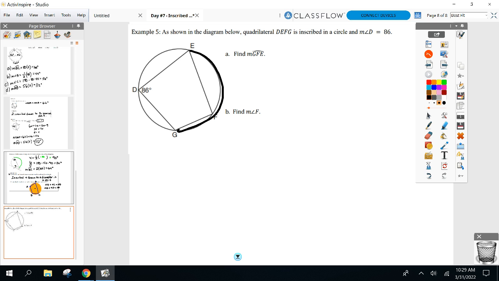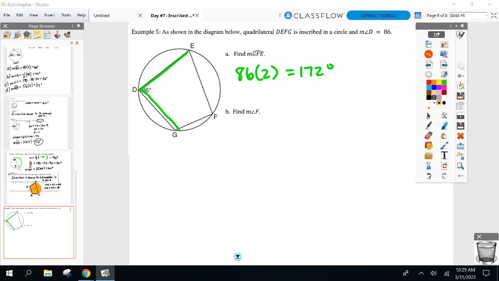Where's the diameter? No diameter here. Look at the 86 here. Where does it go to? This arc here, right? So what should I be doing with the 86 if it's inscribed and I need to find the arc? Times 2. Yep, double it, and we end up with 172 degrees. Everyone see that? We're good.